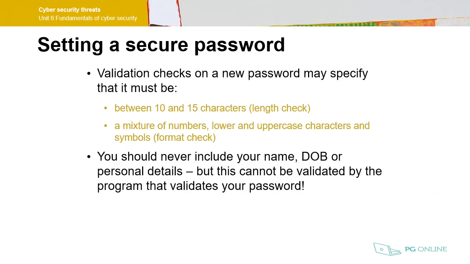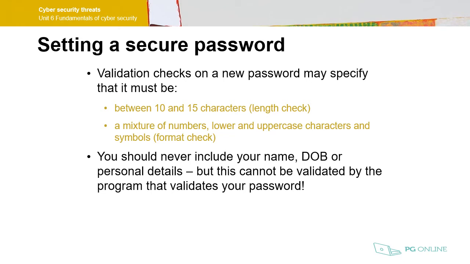So how do we set a secure password? A lot of programs will use validation checks. A validation check is something that's set on the system to make sure that you include certain criteria.